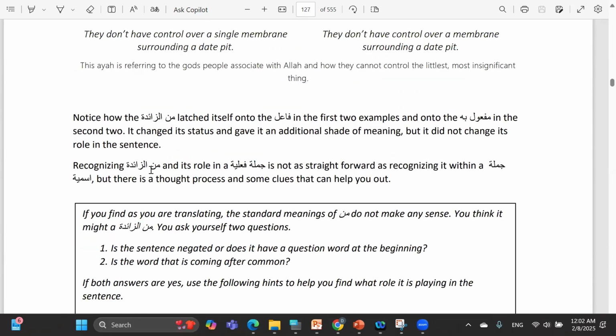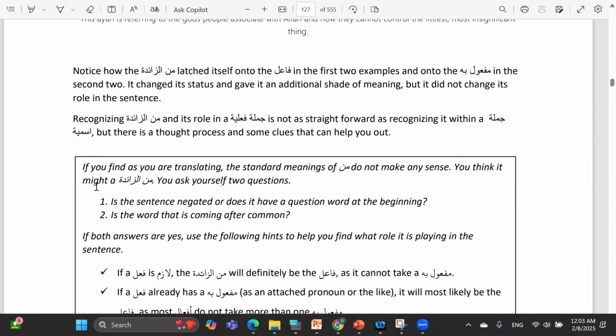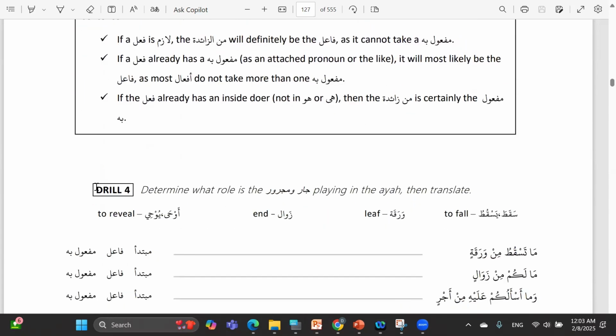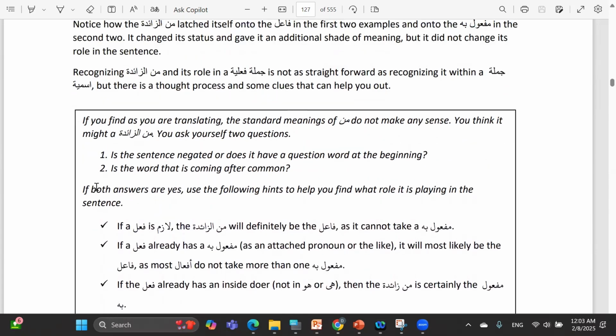Recognizing min zaida and its role in jumla failure is not as straightforward as recognizing it within a jumla ismiya. But the thing is, if you are translating a sentence and you find that the standard meaning of min does not make any sense, then you think it might be a min zaida.